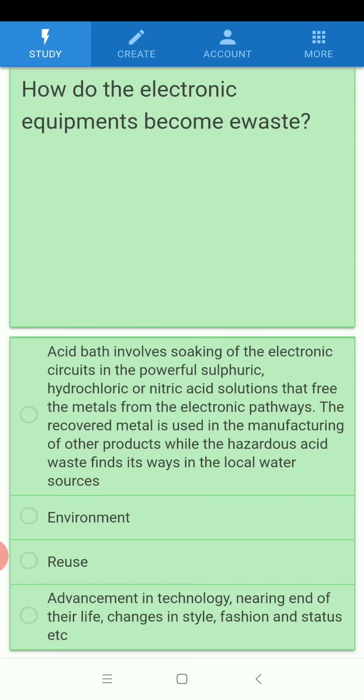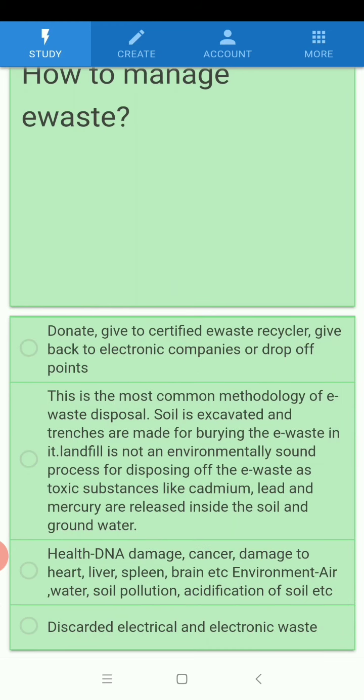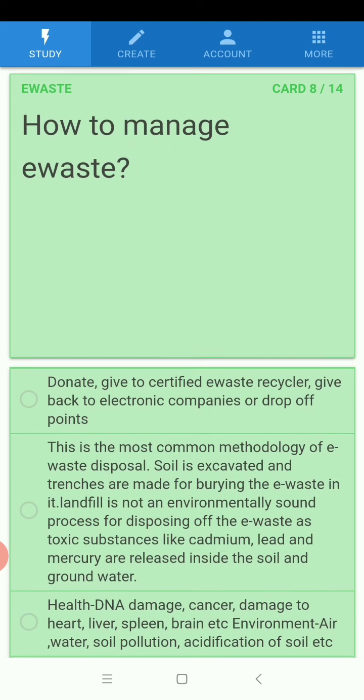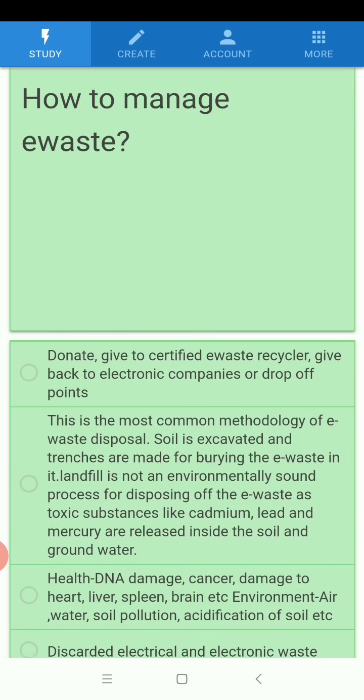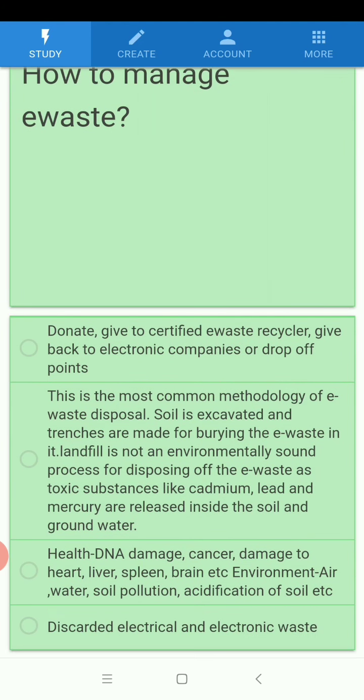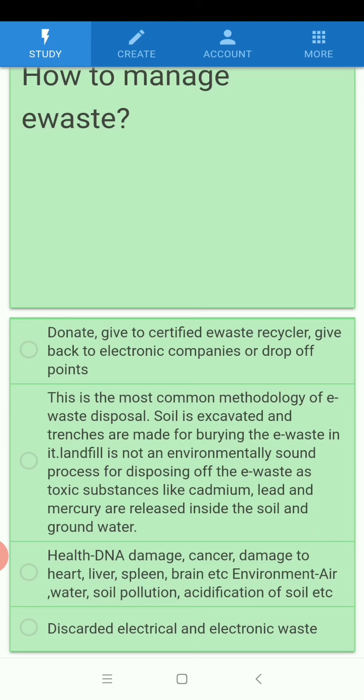Next question is, how do the electronic equipments become e-waste? Advancement in technology, when the devices are nearing the end of their life, changes in styles, etc. Next question is, how to manage e-waste? The answer is, we should donate it to someone, we should give it to certified e-waste recyclers.